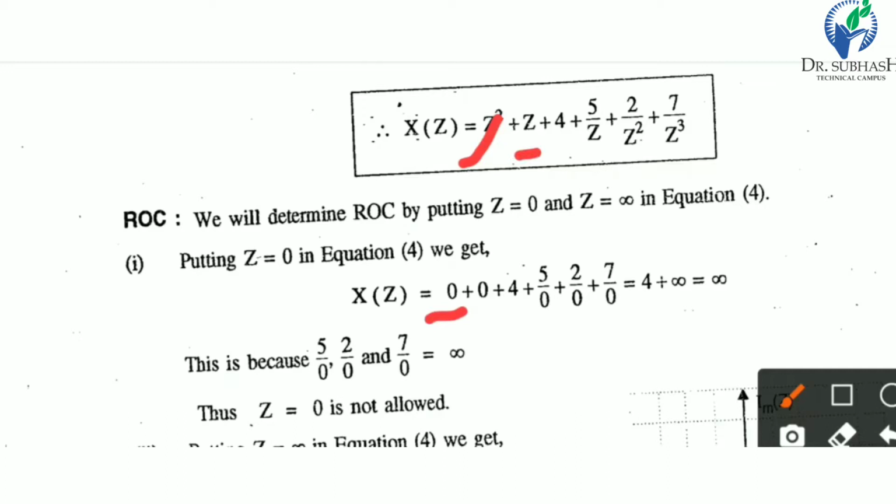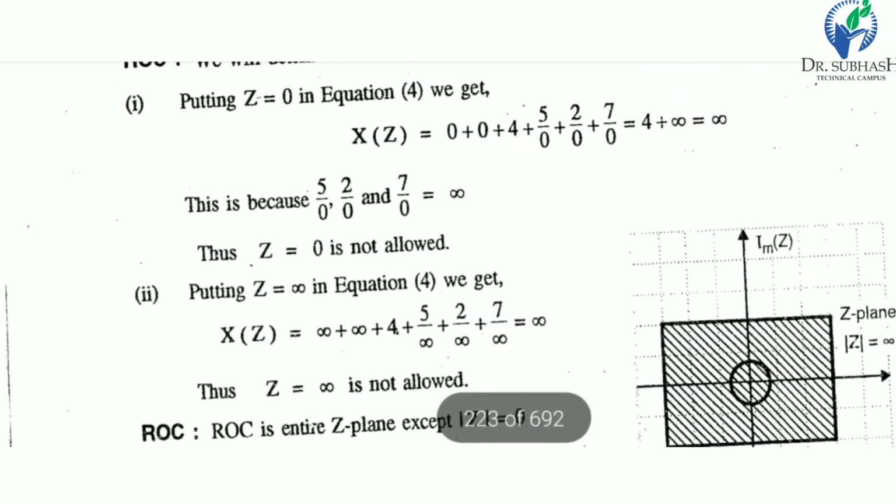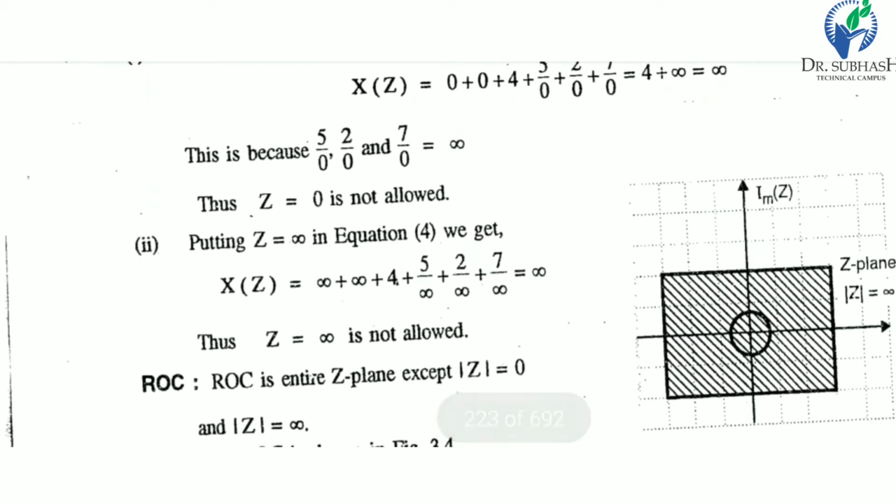Here only z, we put z equal to 0, so 0 plus 0 plus 4 equal to 4, 5 by 0 is infinity, 2 by 0 is infinity, 7 by 0 is also infinity. So 4 plus infinity equal to infinity. So for z equal to 0, we get infinity.